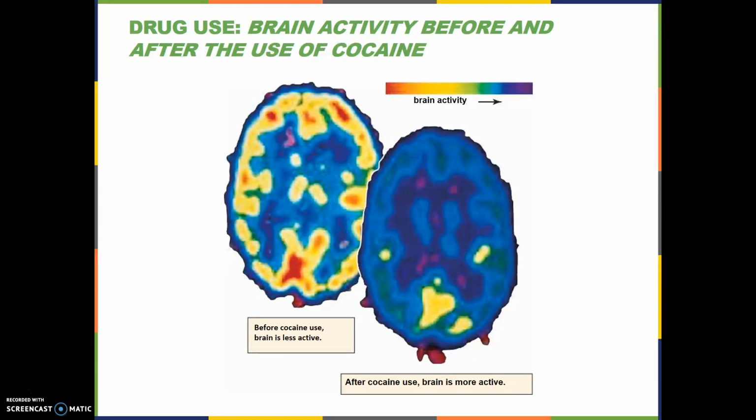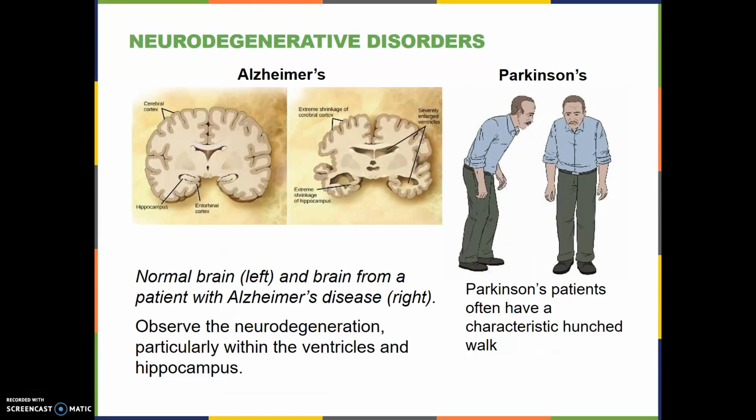This shows you the brain before cocaine use. The brain is less active, and how much more active the brain is after cocaine use, which is not necessarily a good thing. And neurodegenerative disorders, Alzheimer's and Parkinson's, it shows you a normal brain on the left, and then an Alzheimer's disease brain on the right.